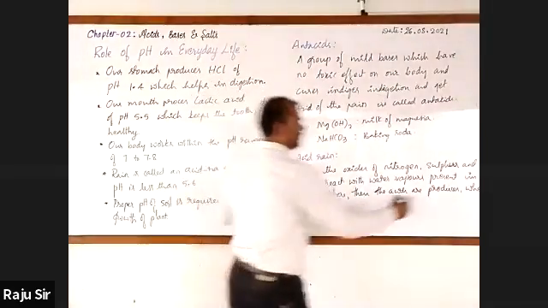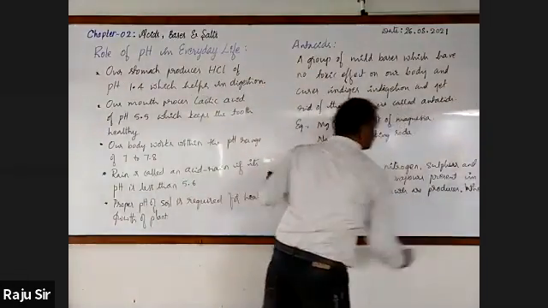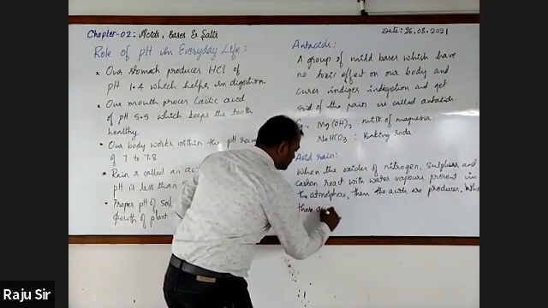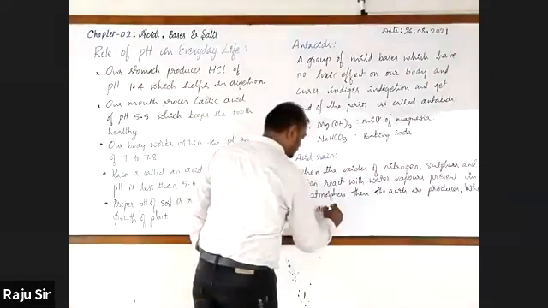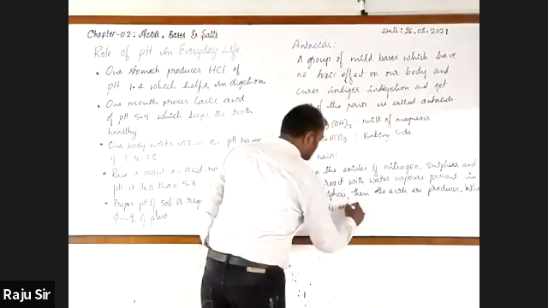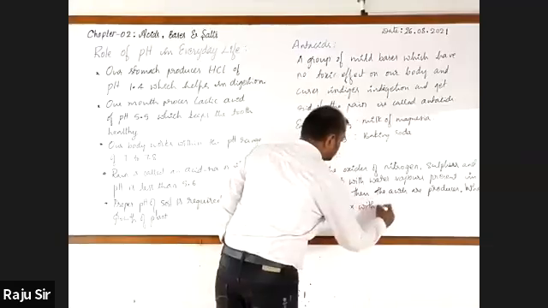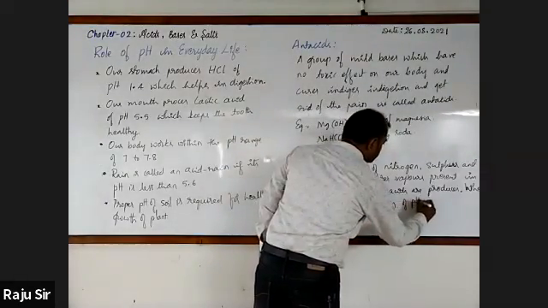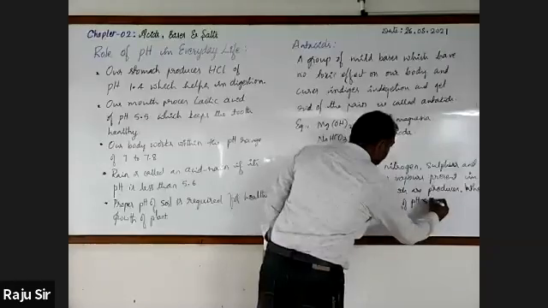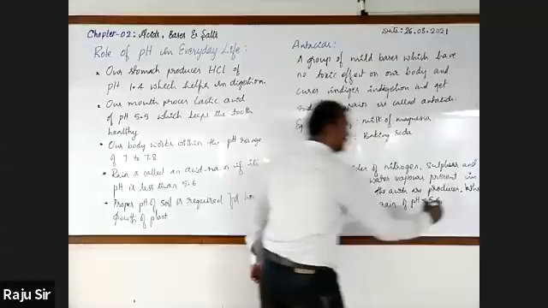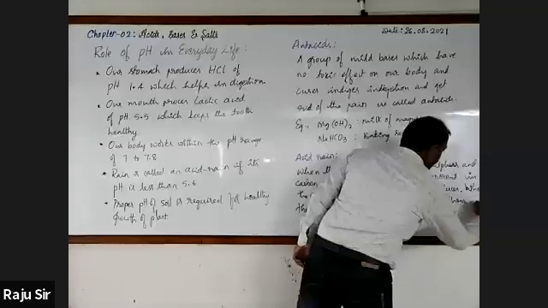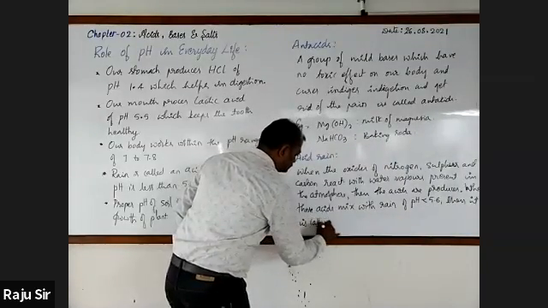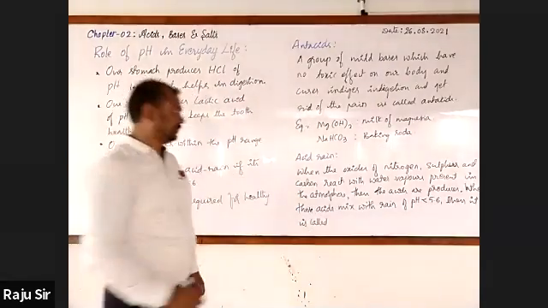Full stop. When these acids mix with rain, pH less than 5.6, then it is called acid rain.